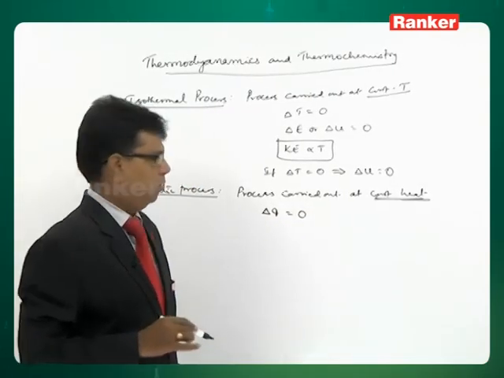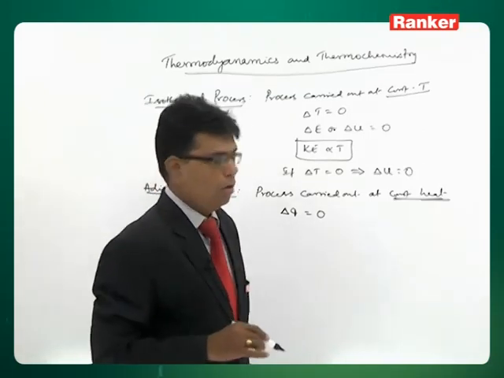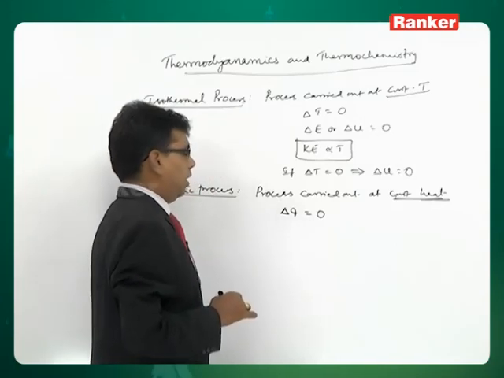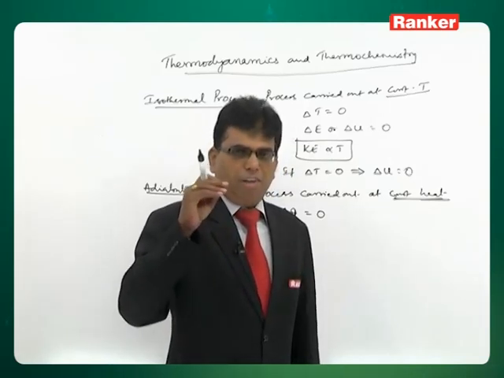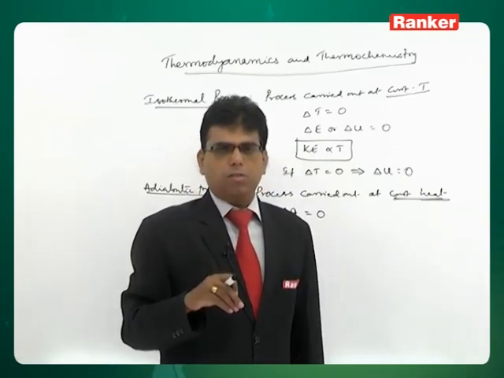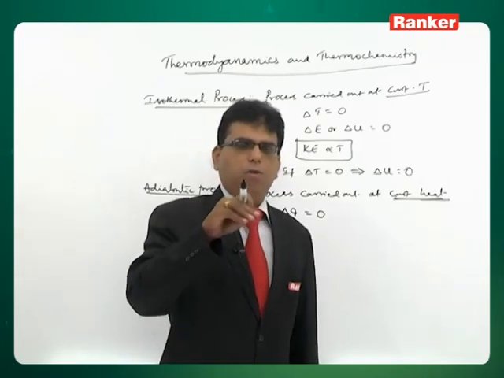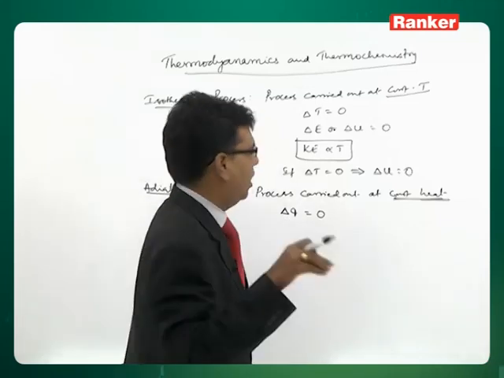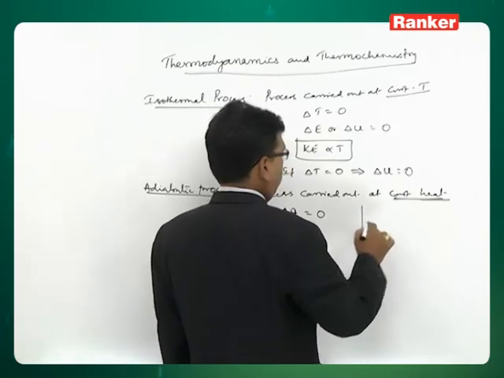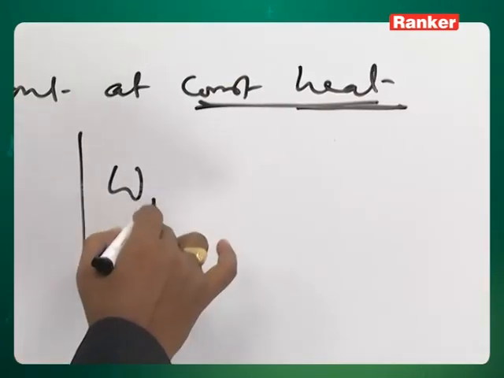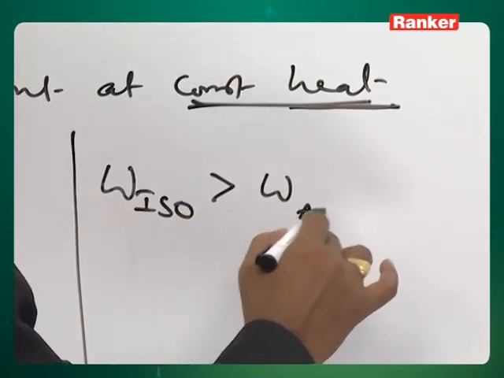The change in heat content is 0. In the first law of thermodynamics, if any work is performed in an adiabatic process, because the heat change is 0, that work is performed only at the expense of internal energy. Later we will discuss in detail, but work done in an isothermal process is always greater than work done in an adiabatic process.